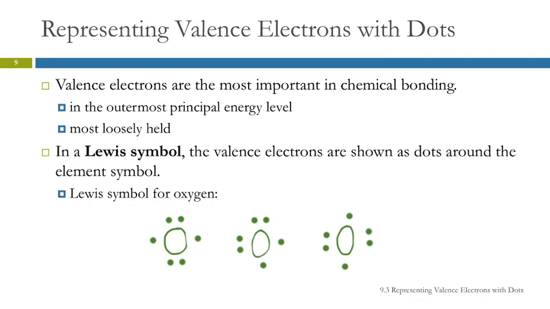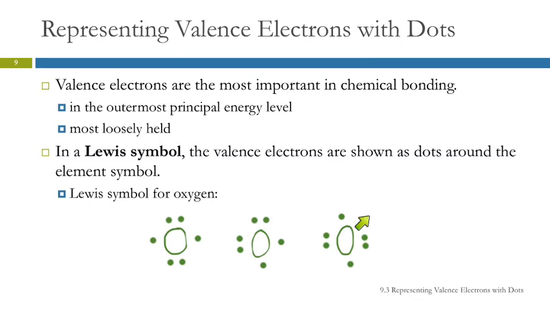So I've been drawing them in pairs, but let me show you how I would encourage you to first put them around. Just start and put 1 in each position. 1, 2, 3, 4. And now things are going to have to pair up. 5, 6.